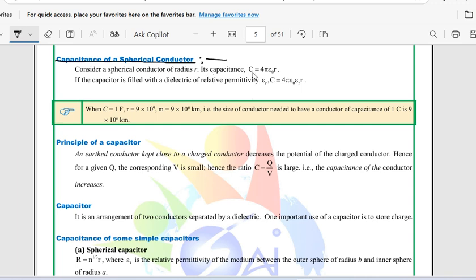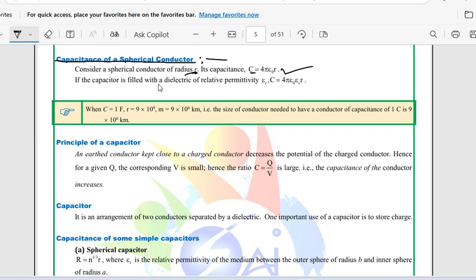Its capacitance C is equal to 4 pi epsilon naught into r. Keep in mind, for a spherical conductor having radius r, its capacitance can be written as C equals 4 pi epsilon naught r.